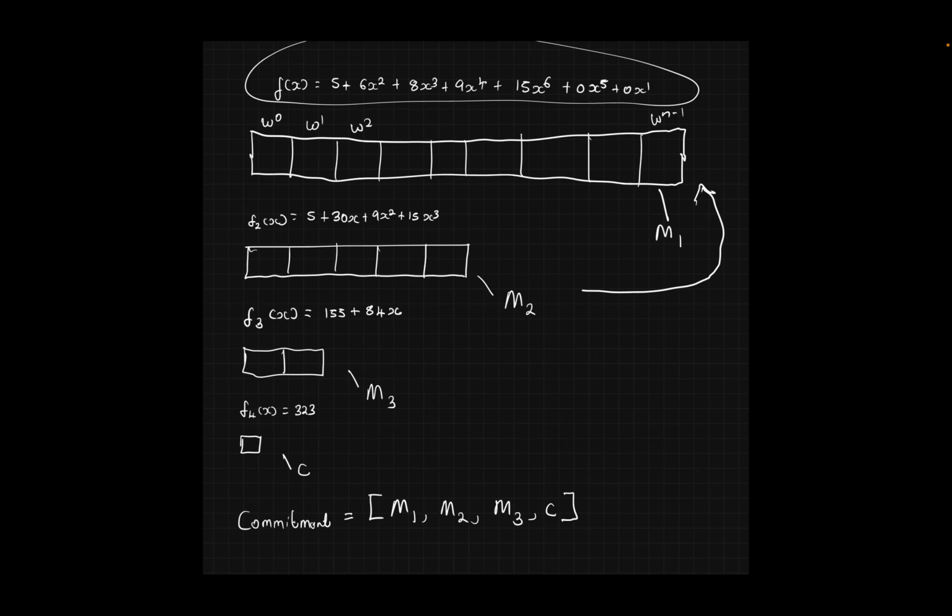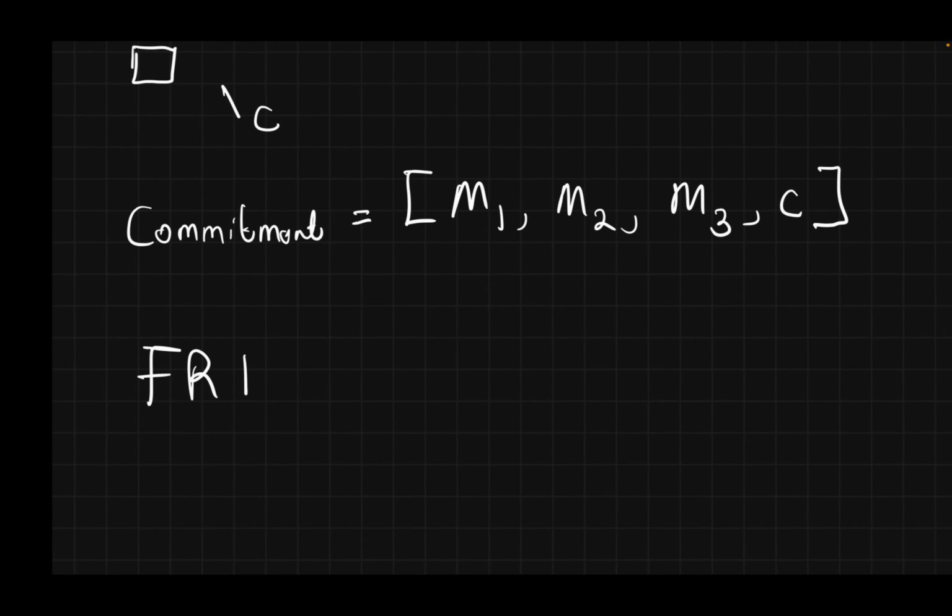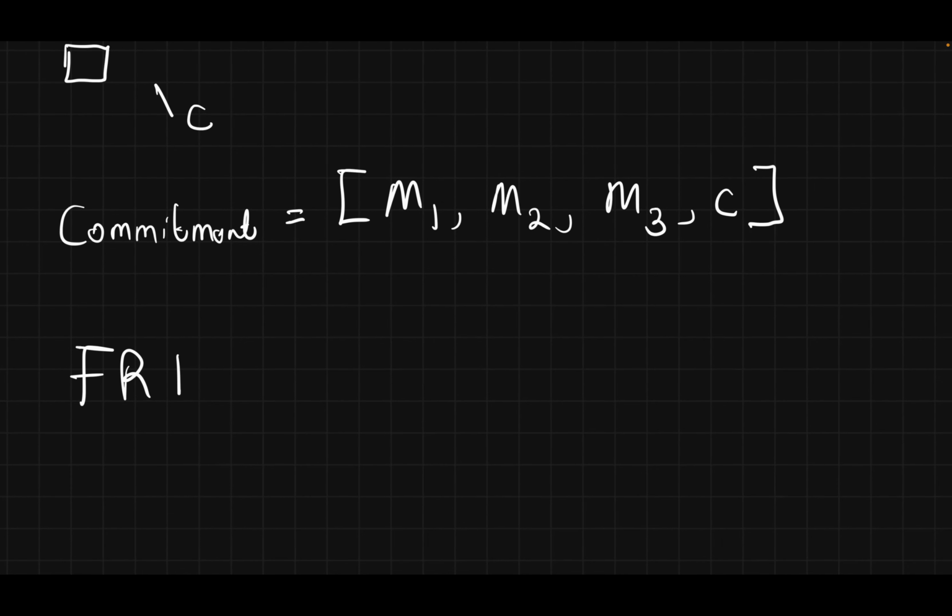The full meaning of FRI is Fast Reed-Solomon Interactive Oracle Proof of Proximity.